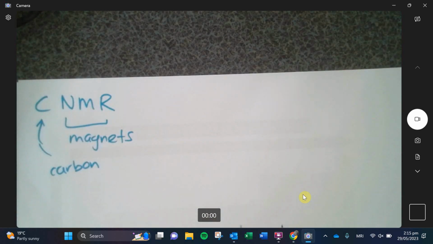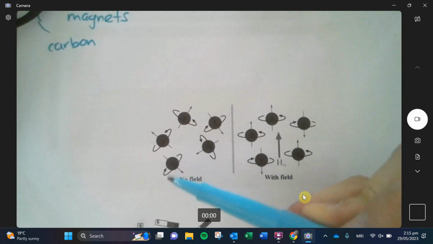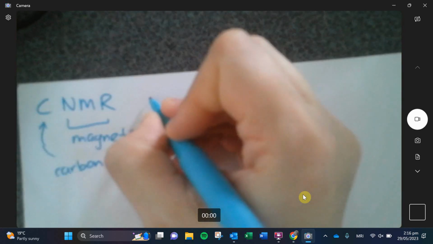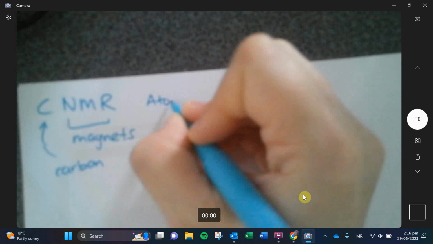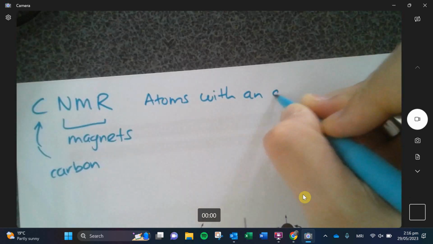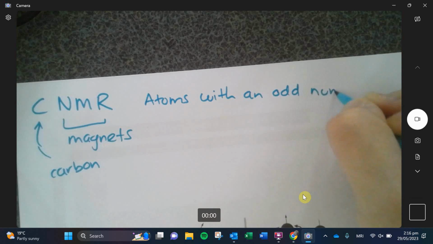All right. So the thing to remember with our atoms is that when we have various atoms, they do have a spin to them. So the nucleus will be spinning around. This happens with odd number atoms. So atoms with an odd number, I should say odd atomic mass.